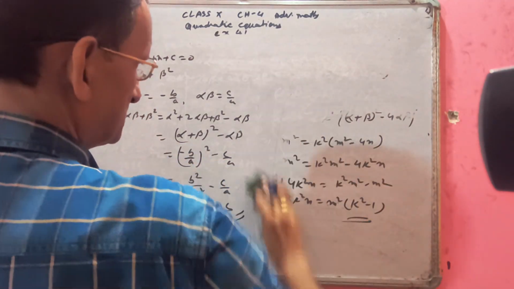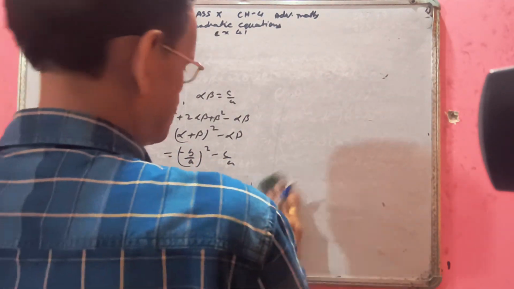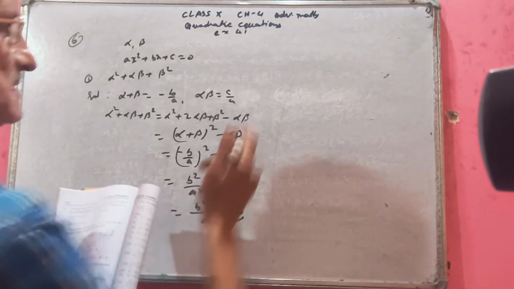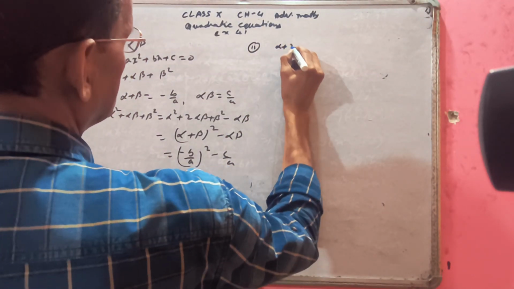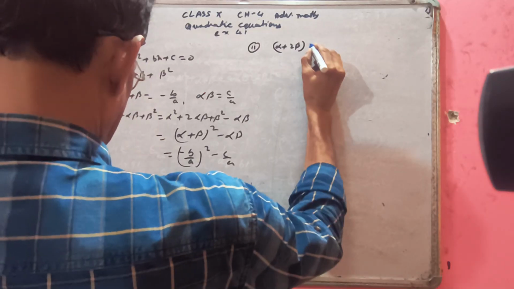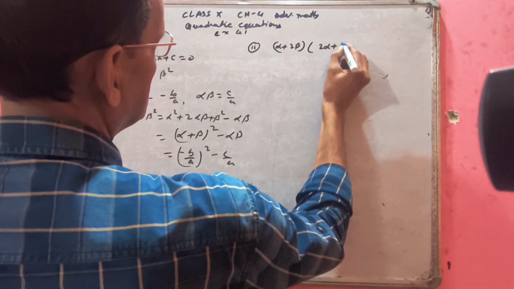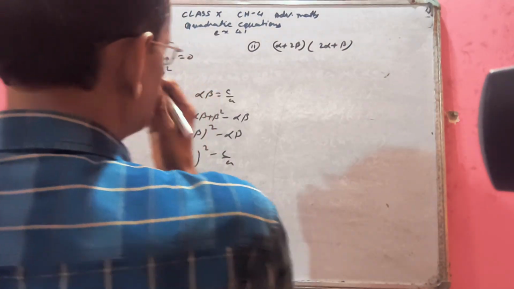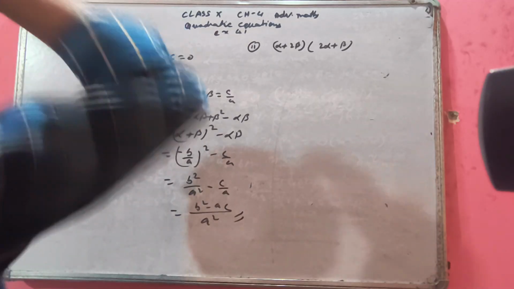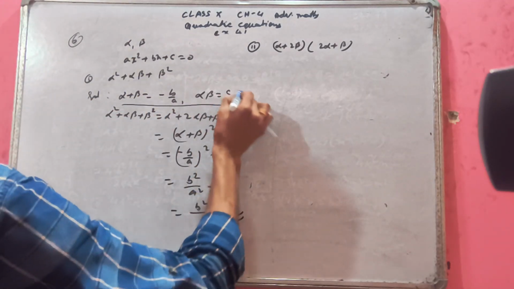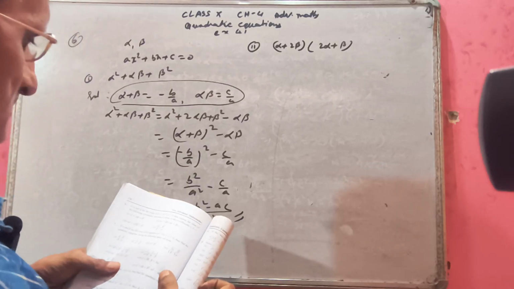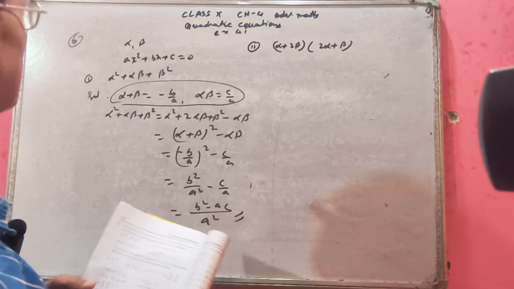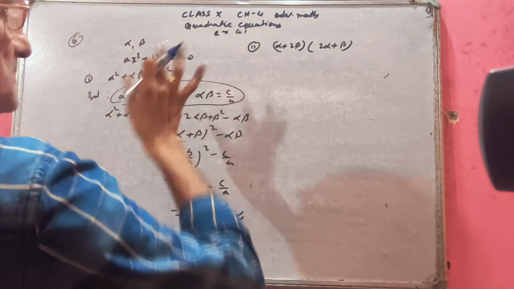We are simple only. In number 2 we need to find the value of alpha plus twice beta into twice alpha plus beta. Okay, we have alpha plus beta and alpha into beta is available for all this sum, because for 6 number 1 2 3 4 for all question the general form only given.